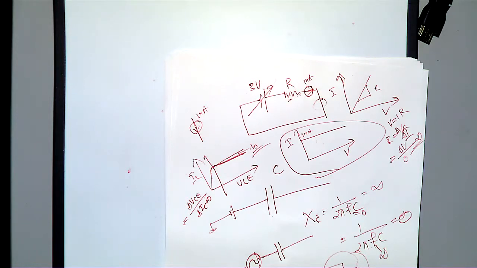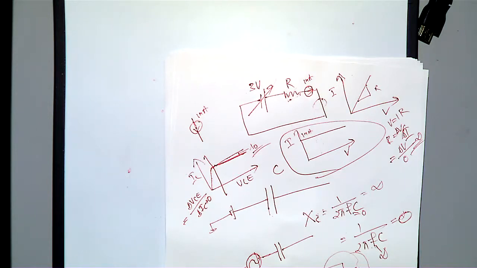This RO is the impedance of the current source, or the output impedance, because when you look from outside to inside, you see an impedance of RO. So your output impedance equals VA by IC. That depends upon your Early voltage and IC, which makes sense.